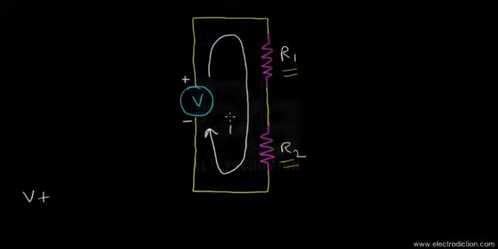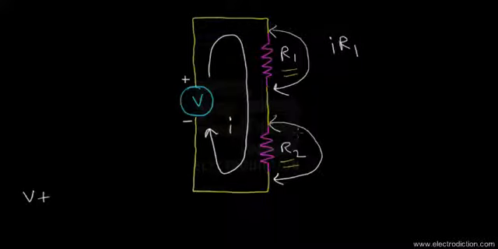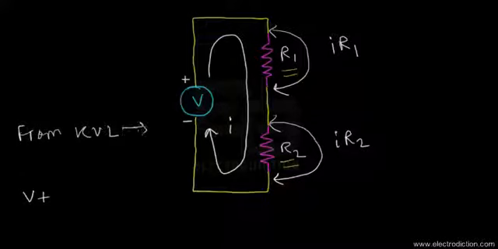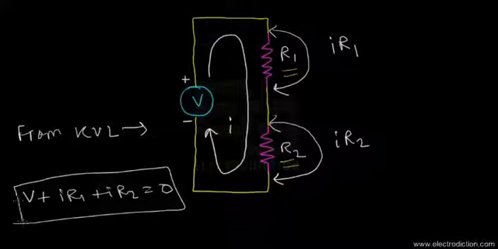So if I call that current I, denoted by small i over here, then the potential drop across R1 would be given by IR1, and that across R2 would be given by IR2. Alright, so I'll write it down from KVL. We're getting V plus IR1 plus IR2 equals 0. So that's exactly what we're supposed to get from KVL.